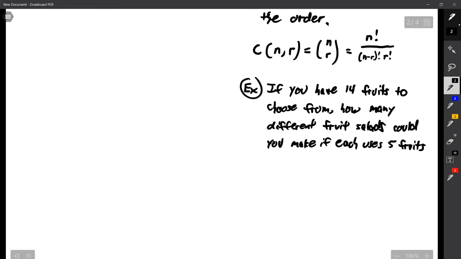I know the plural of fruit is fruit, but when you're talking about multiple kinds of fruit, then the plural becomes fruits.